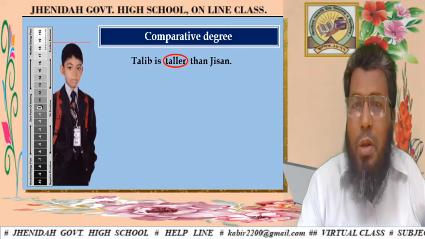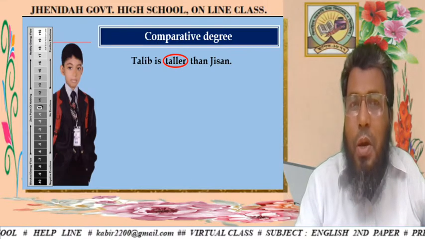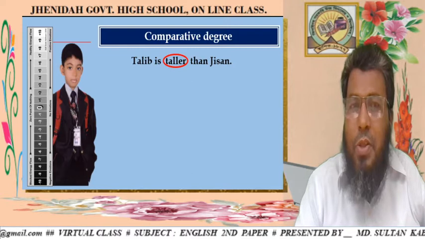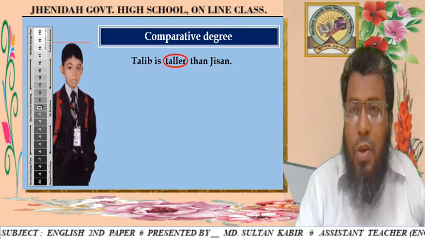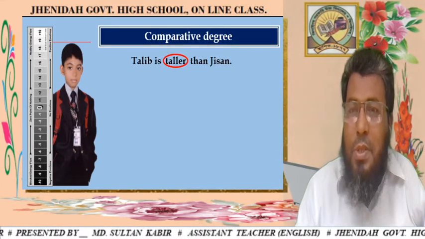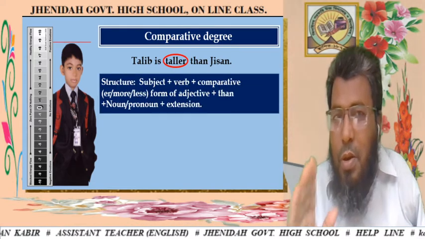Tall in Bengali is lamba, taller is aro lamba. We know the definition of degree, the comparison of adjectives. That means in this sentence, Talib is compared with Zisan. Talib is taller than Zisan. So this is the comparative degree.